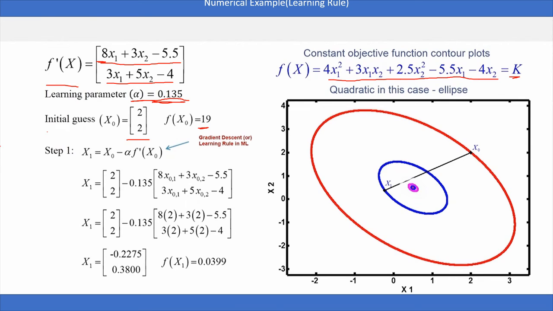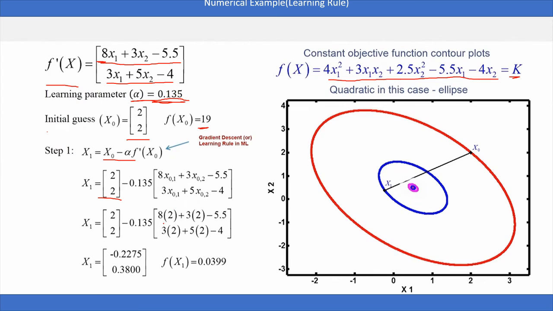Now I need to substitute this value into the given formula, which is x1 equal to x0 minus alpha times f dash of x0. Alpha is the learning parameter. If I substitute all the values, x0 is 2, 2, and then minus the learning parameter value 0.135, and then f dash of x0, which is the equation derived after differentiating with respect to x1 and x2.